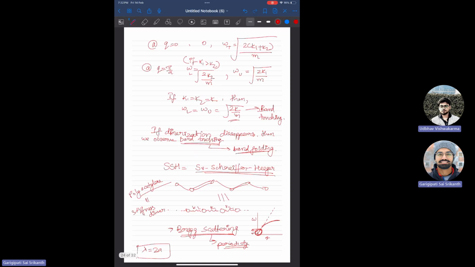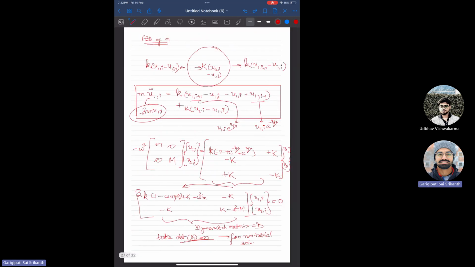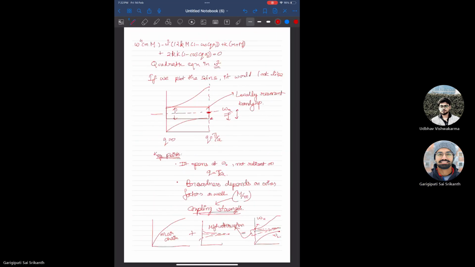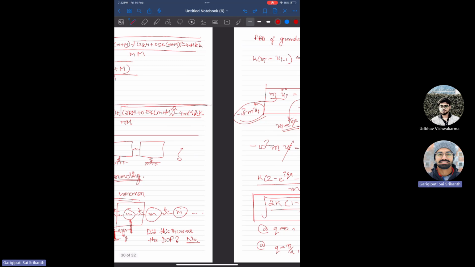Essentially, that's what Bragg is also trying to say: when you have completely in phase, and you have completely out of phase, those two standing waves, essentially we are looking for standing waves as cutoffs. So that is one way to look at it.